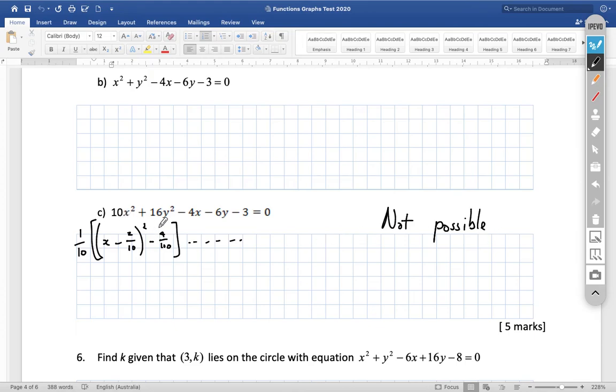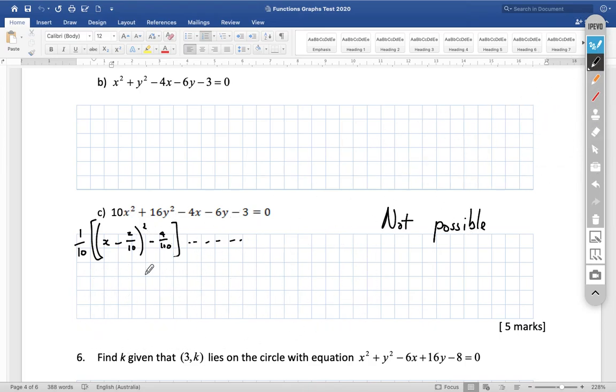I think I've got a bit of an advantage for knowing that's not possible, because I know that if you have different coefficients here, ax squared plus by squared equaling something. I'll have to check that. We don't teach ellipses anymore.